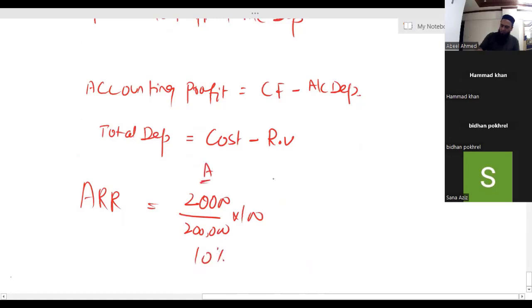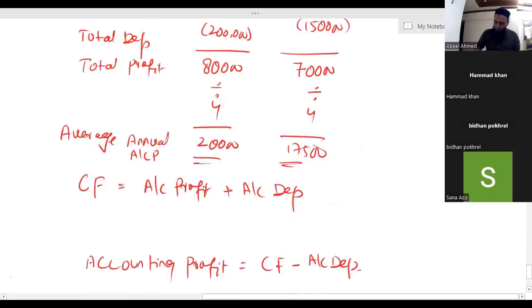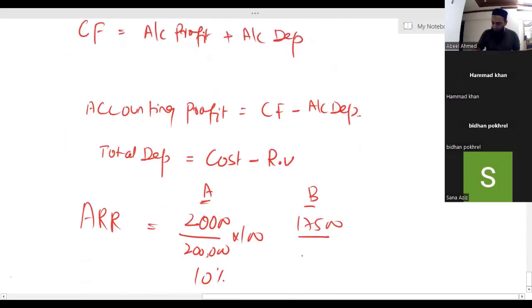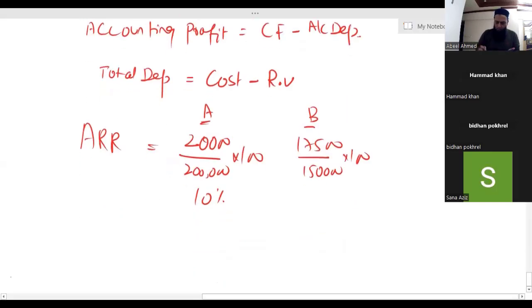Project B: 17,500 divided by 150,000 gives 11.67%. So on the basis of ARR, we should go with project B.